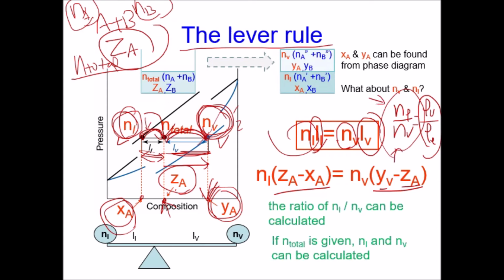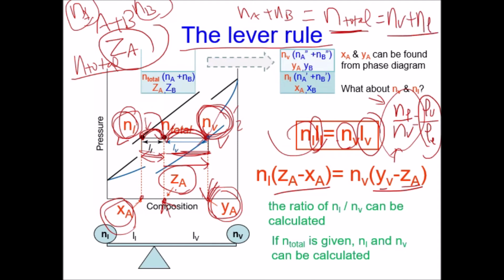The equation is NA plus NB, that's how much we added, the total number of moles, which also equals NV plus NL.